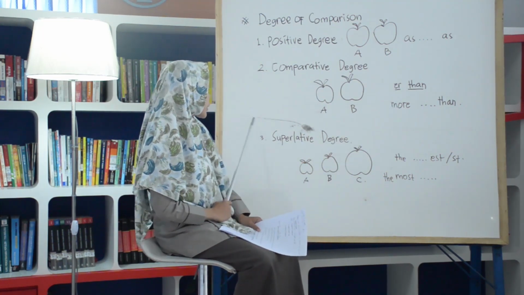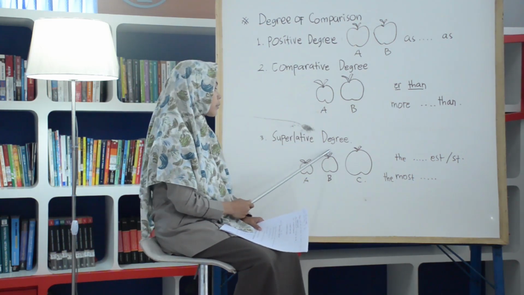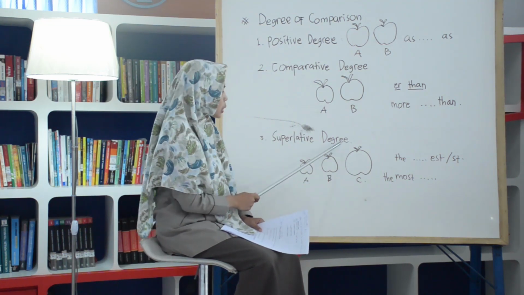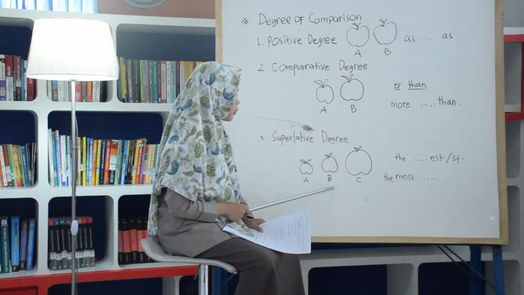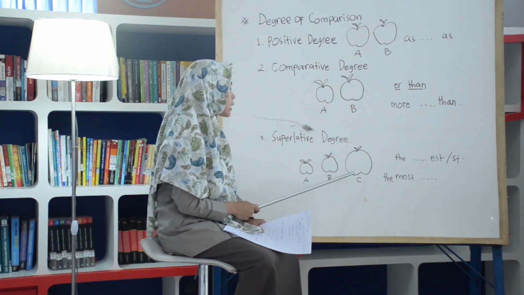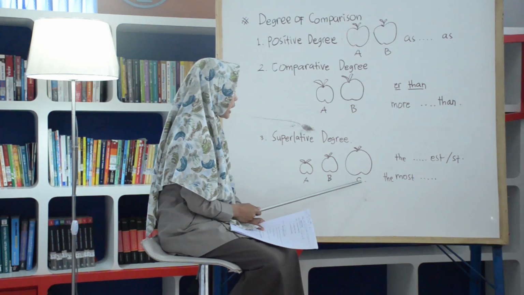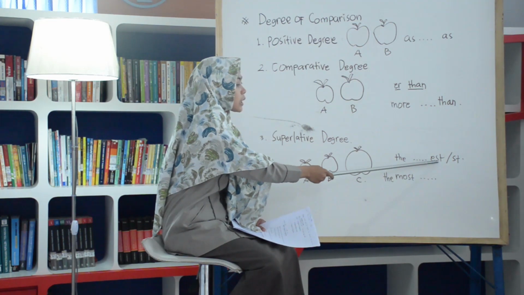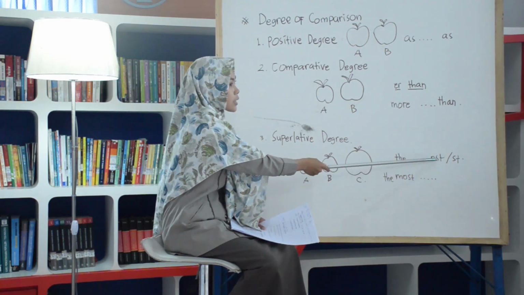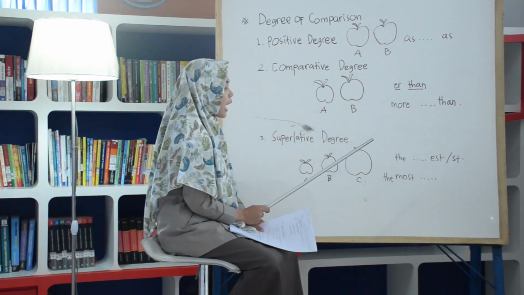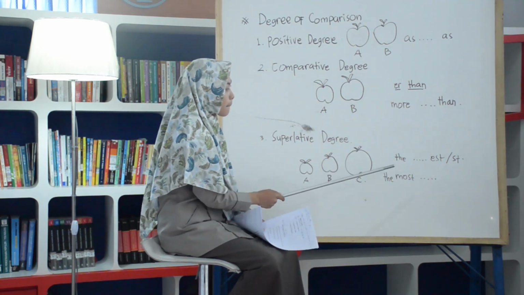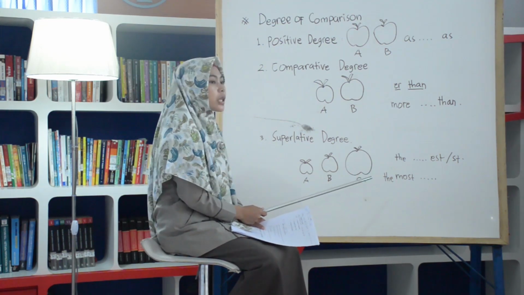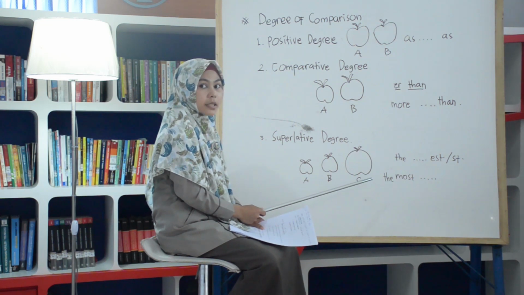And the third one is superlative degree. The superlative degree is you have to prepare the apple A, B, C. There are three kinds of apples, but in the superlative you have to add est if the adjective is one syllable, and you have to add most if the adjective is two or three syllables.